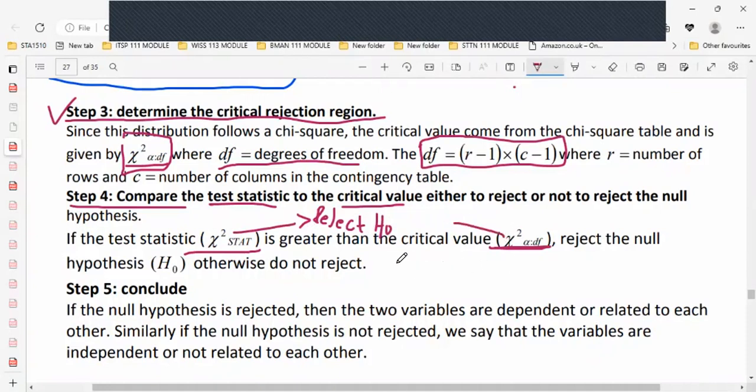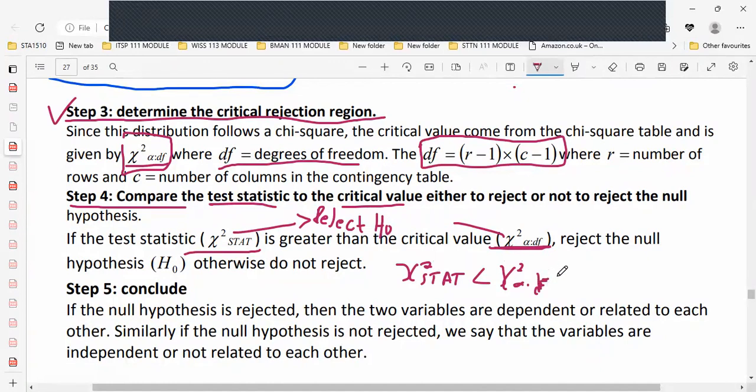But if chi-squared stat is less than the critical value of chi-squared, then what do we do?